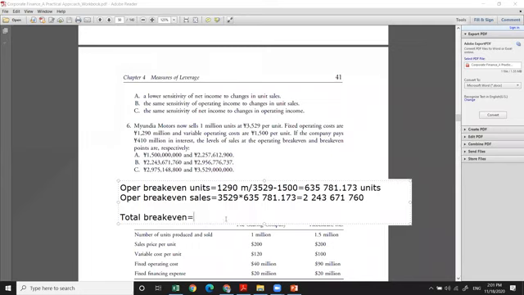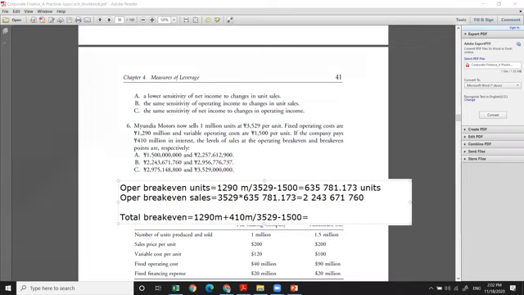So total break-even is actually fixed cost plus, if there's any other cost like interest, we are adding it: 1,290,000 plus 410 million. And this all divided by price minus variable cost, 3,529 minus 1,500.